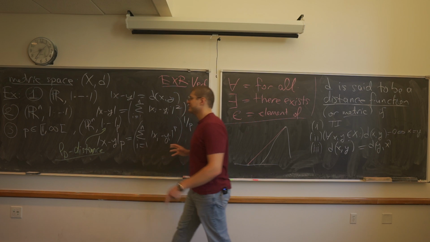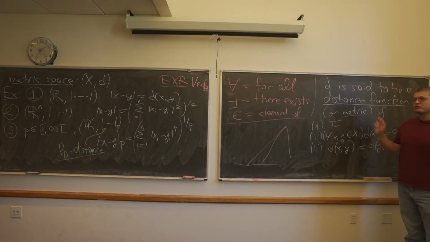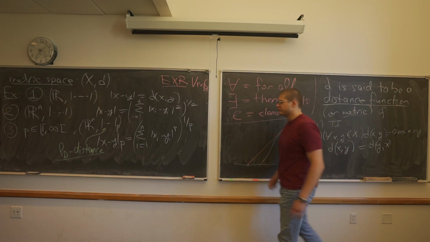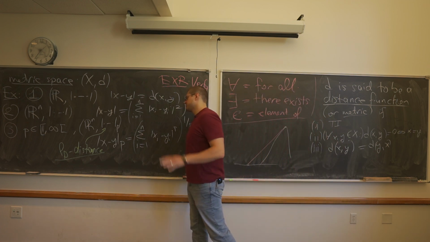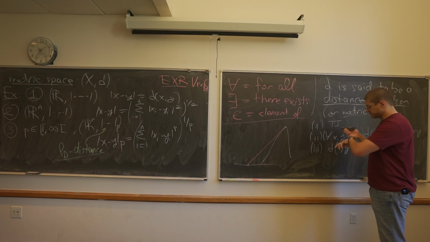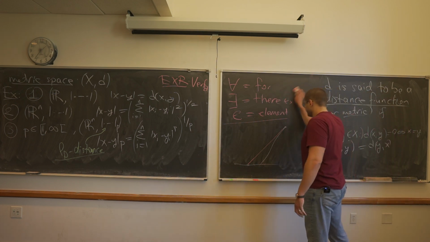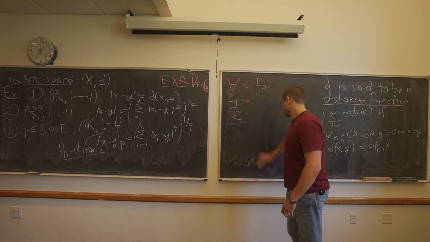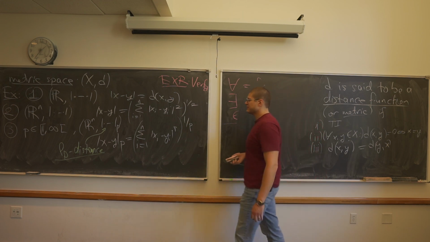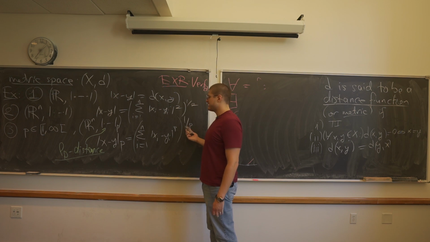But it turns out that they are, in a sense, equivalent. Okay? They are basically isomorphic. They are the same in a certain sense. We're going to learn about that later. But for now, these are different examples.